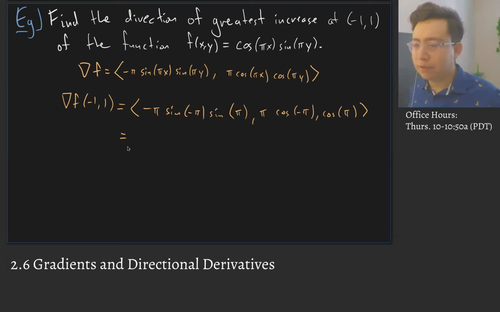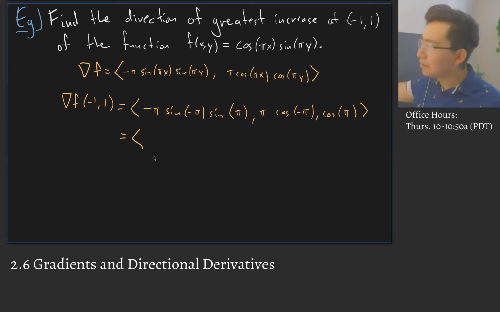Okay, so now what is sine of pi or sine of negative pi? They're the same. What value is that? Anyone know? Any takers? Sine of pi is, picture the graph.